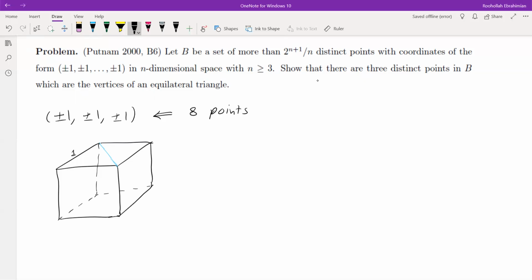And I can see that I can easily create equilateral triangles if I'm looking at length root 3. For example, this is one equilateral triangle here. If I connect these 3 points, I'll get an equilateral triangle here.